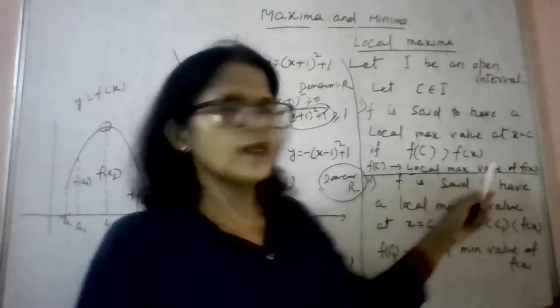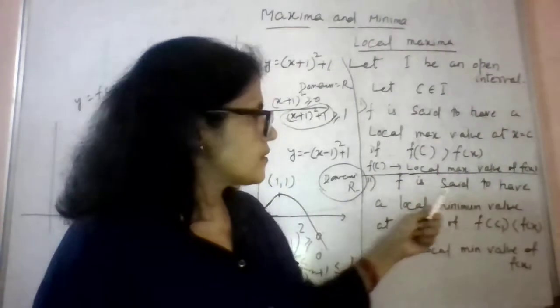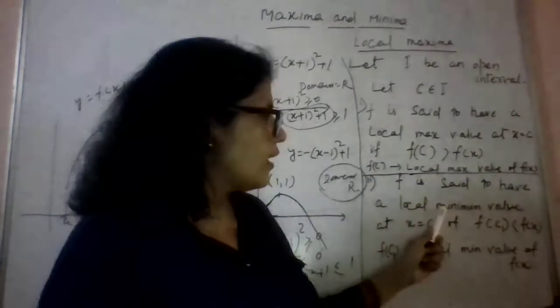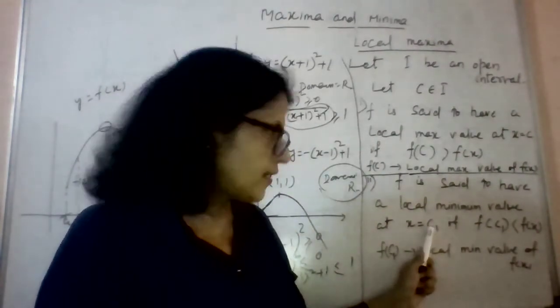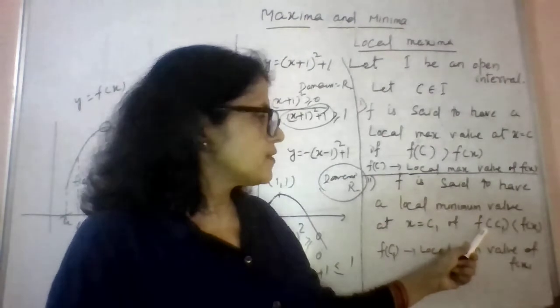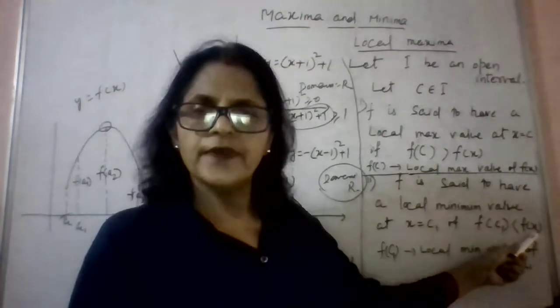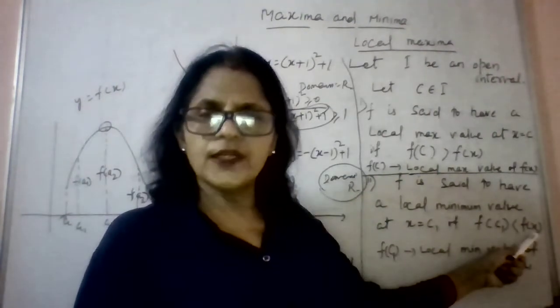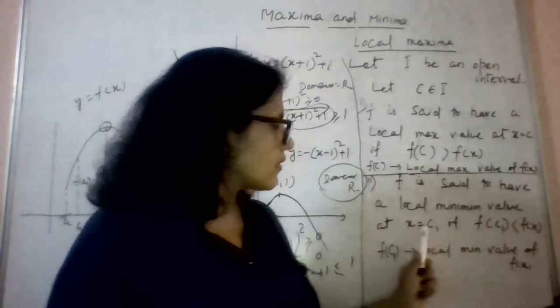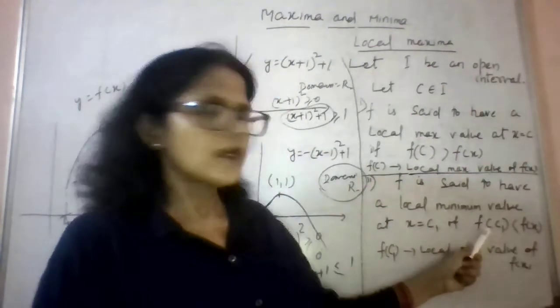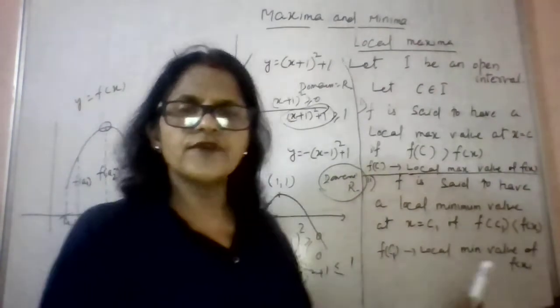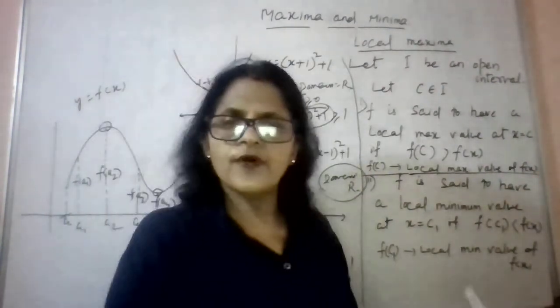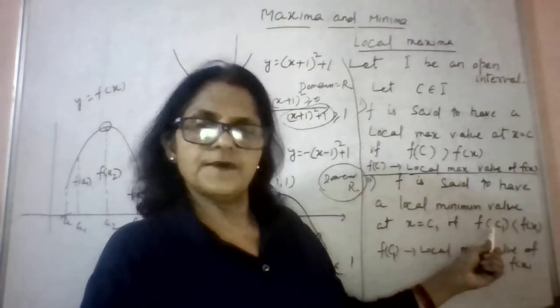Similarly, f is said to have a local minimum value at x equal to c1 if f(c1) is less than f(x). It means of all the values in the interval, at x equal to c1, f(c1) is minimum, so all other values of the function will be more than f(c1).